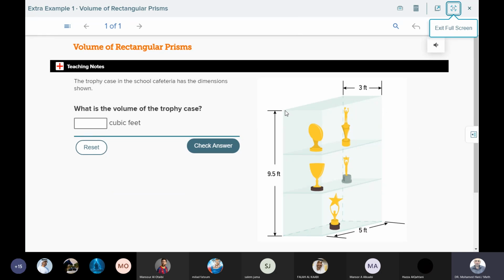Up here we have the base, and down here we have the congruent and parallel base. And here we have the height. How to find the volume?